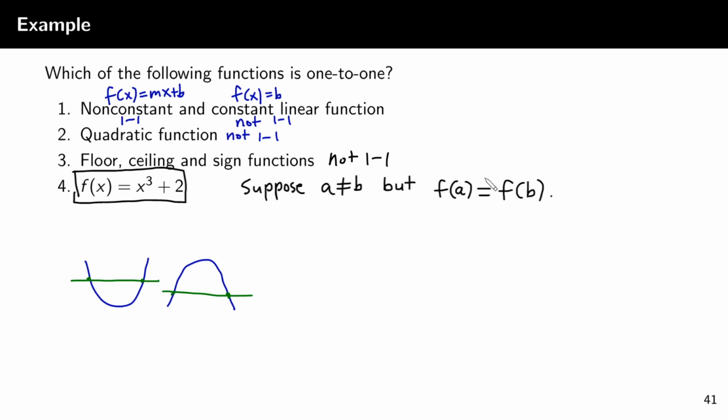Ang gusto natin, hindi ito equal. Okay. Pero, let's assume na equal sila. Ayan. Now, dapat, kapag inassume natin na equal sila, equal din dapat yung a and b. But this will contradict our assumption on a and b not being equal. And this is actually called proof by contradiction.